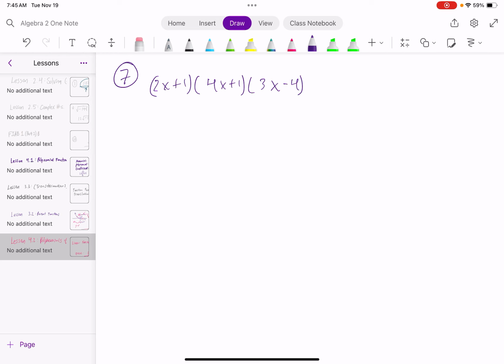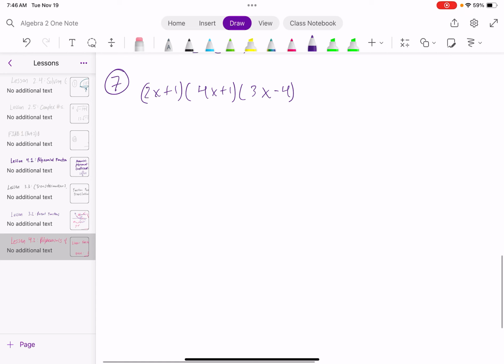Polynomial in standard form. It's the same thing. We're just going to multiply them. Again, you're going to do 2x times 4x. Then 2x times 1. Then 1 times 4x. 1 times 1, right? And then you're going to get your answer. Boom, boom. And then you're going to multiply whatever you got by 3x minus 4. Okay? You guys can do that. So it's just like the last one.